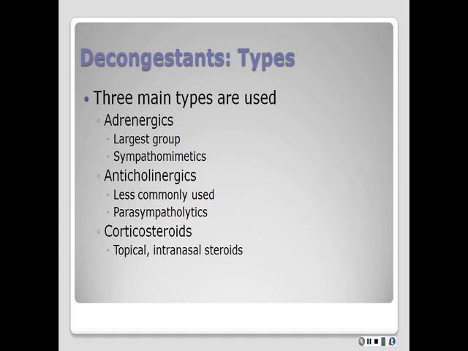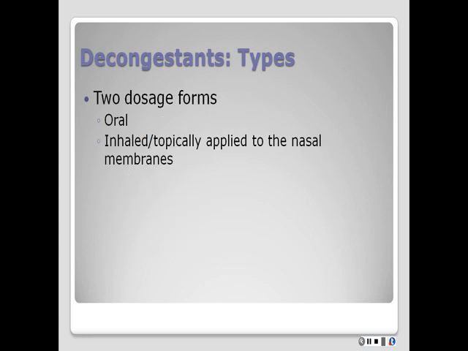Adrenergics, this is the largest group. Then anticholinergics, which are less commonly used, and then corticosteroids that are also used as well. These drugs can be taken orally, which will produce a more systemic effect, or they can be administered topically to the nose or through a nasal inhalation.